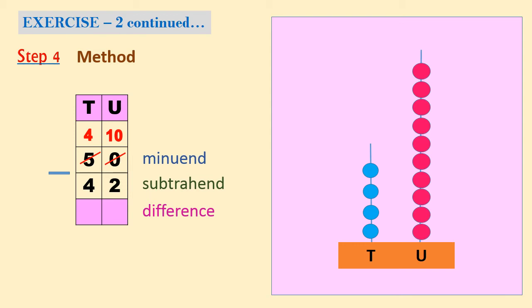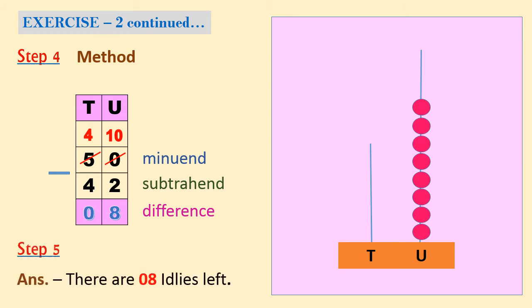Now, in units house, we have 10 minus 2. When we remove 2 bits from 10, 8 are left. So write 8 in units house. Now, in tens house, we have 4 minus 4 is 0. So the answer is 8 idlis are left.